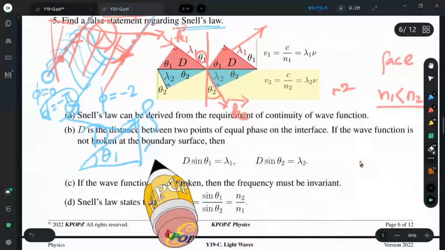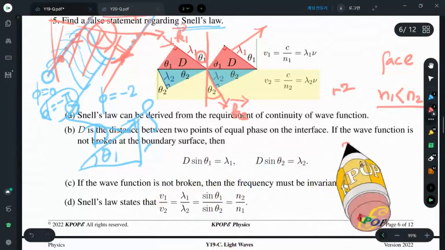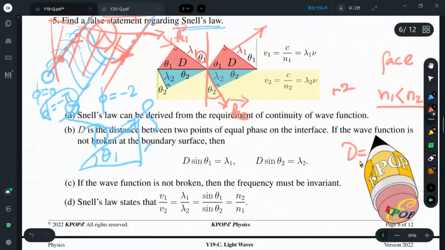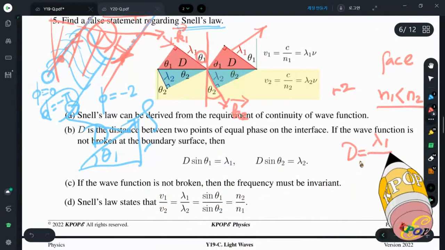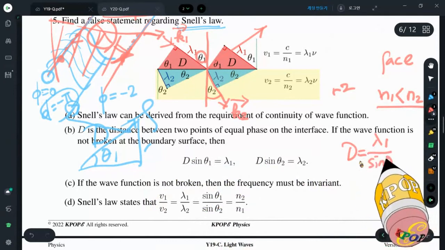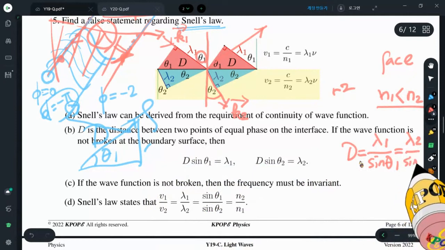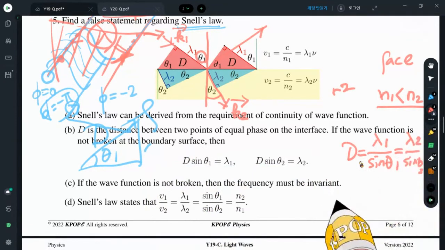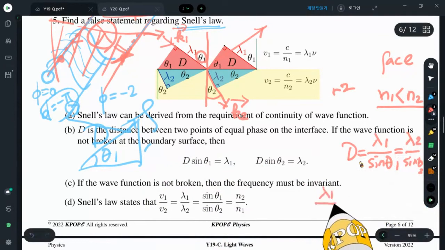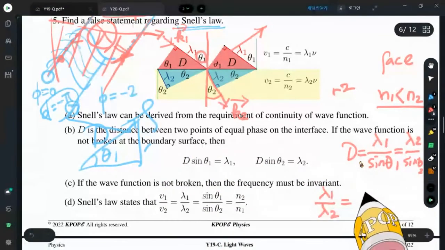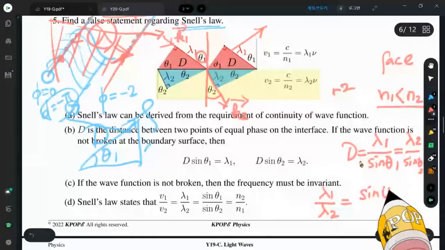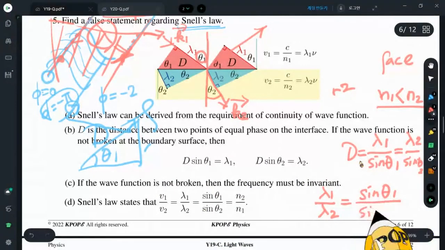From this relation, D equals lambda 1 over sine theta 1 equals lambda 2 over sine theta 2. From this, I can rewrite this to be lambda 1 over lambda 2 equals sine theta 1 over sine theta 2.